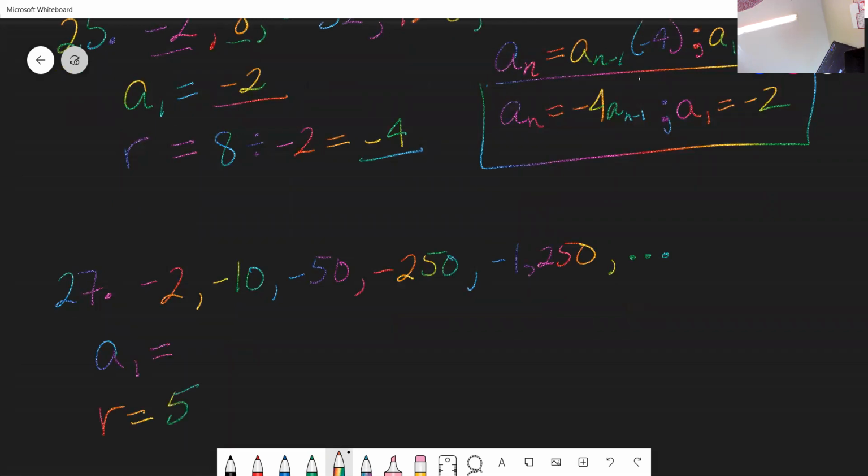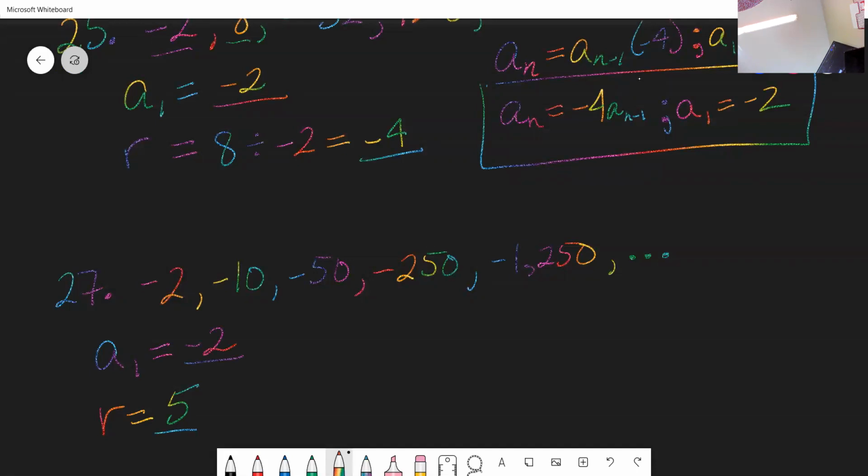So the ratio is 5. And we got that by, we took -10 divided by -2. A negative divided by a negative is going to be a positive. And the fact that all these are negative means that our ratio is definitely positive because we're not alternating. And then A1 is -2.